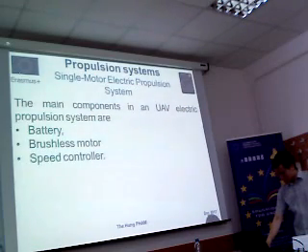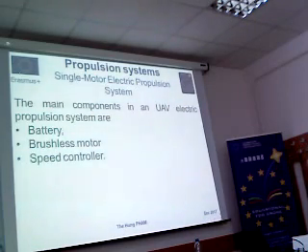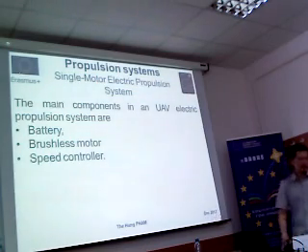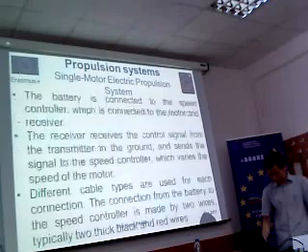So we can say that the main components in an electric propulsion system are the battery, the brushless motor, and the speed controller. Without these three components, we cannot apply the drive.